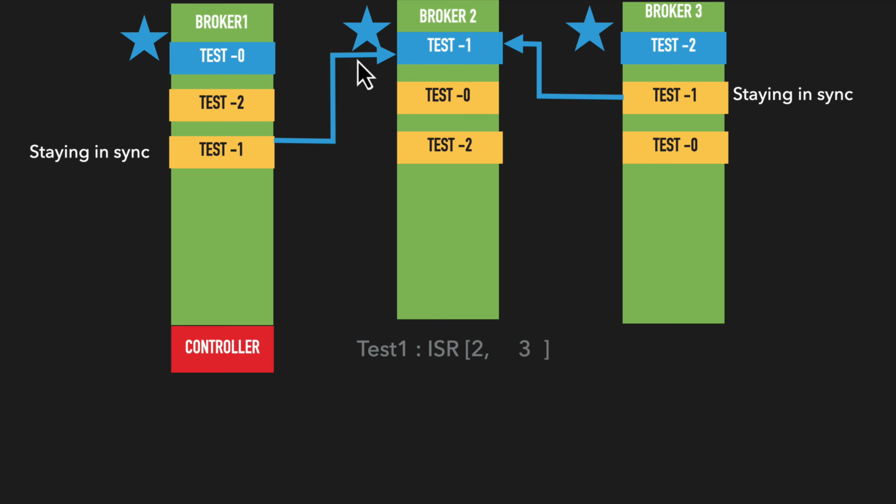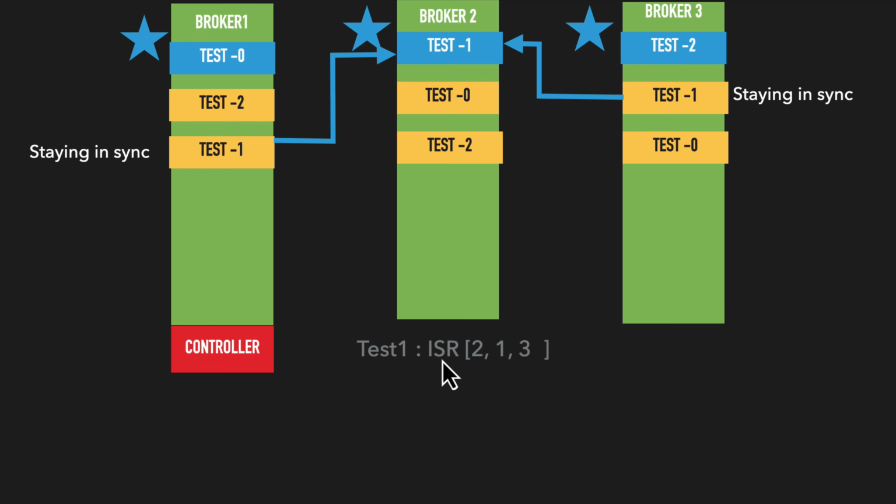But here there is a slower connection, or maybe the broker is down, or maybe the partition here is corrupted. Something happened so that the data has not been written over here and is taking a while. But let's say after a while, the data is committed to test1 again in broker 1. And broker 2 understands that right now everything is caught up. So the communication happens between these 2 brokers, and broker 2 understands that, and then again it is going to update the ISR list.